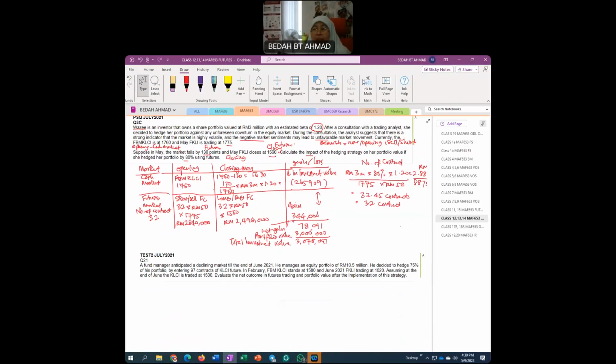So this is an example of futures where the investor or portfolio fund manager is hedging using Futures Kuala Lumpur Index. Okay, so I think that is enough for today as the example of FKLI. We'll continue with another example in the next video.